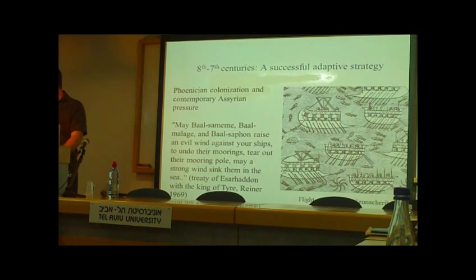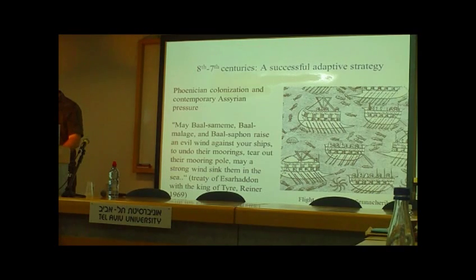At the same time, in the 8th and 7th century BC, the yoke of the Assyrians, or the aggressive behavior of the Assyrians towards the Tyrians, the Sidonians, etc., perhaps gave a great boost to Phoenician colonization, not only to satisfy the hunger and thirst of the Assyrians for precious metals, but also as an adaptive strategy not to keep all the eggs in one basket.